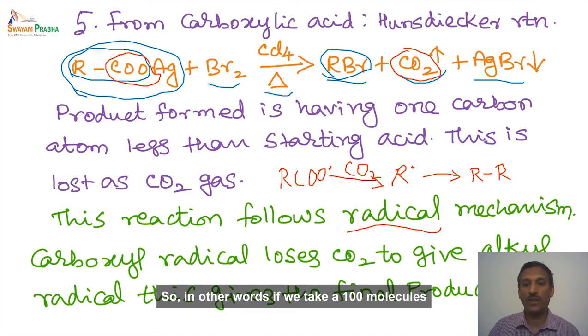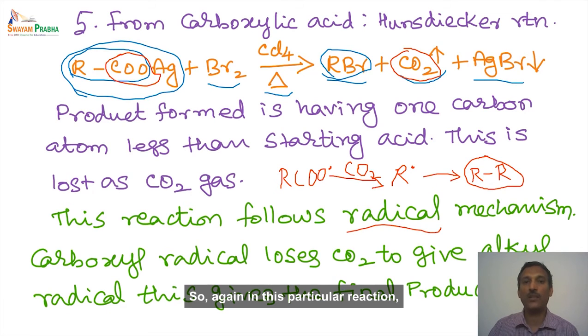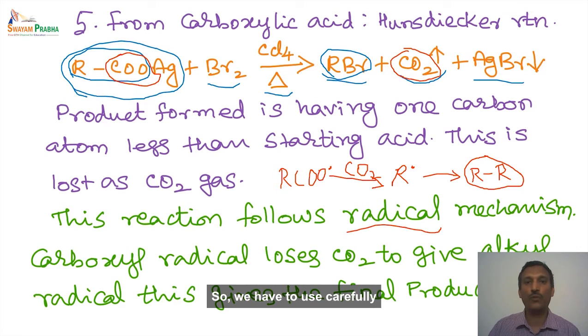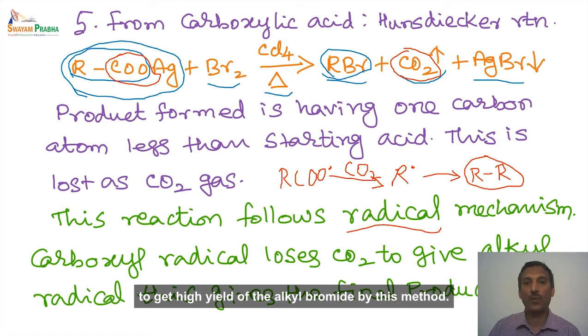In other words, if we take 100 molecules of the silver salt of the carboxylic acid, the reaction does not necessarily give 100% of the alkyl bromide. Depending on the reaction conditions and the stability of the alkyl radical, some amount is converted into the dimer. So we may not get 100% yield of the alkyl bromide, and carefully chosen reaction conditions are essential to get a high yield of the alkyl bromide by this method.